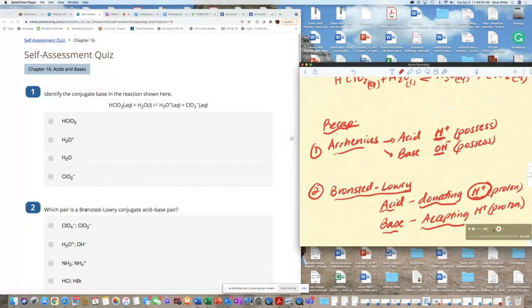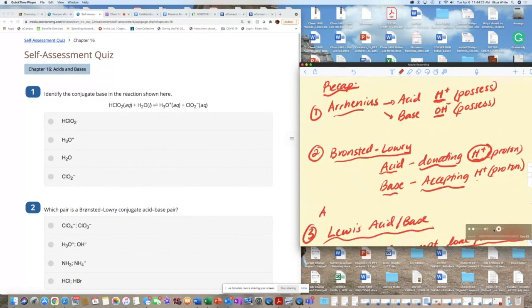Once the acid is done donating the hydrogen ion or producing it in solution, what happens to that acid? The acid then becomes a conjugate base. So here we see in Bronsted and Lowry, the acid becomes a conjugate base, okay? And then the base becomes a conjugate acid after that transfer has taken place.